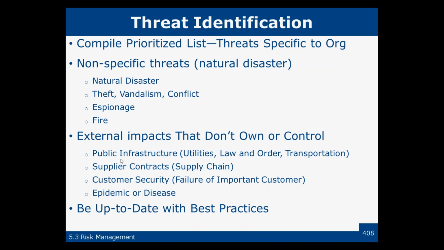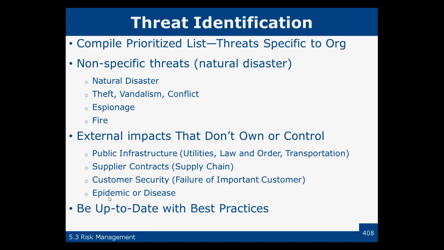They come in and say, hey, we're going to turn the water off in 2 hours so that we can fix a break someplace, for instance, and they don't tell you how long it's going to be off. You can't do anything about that, and you need water for your people. Supplier contracts, the supply chain, we may or may not be able to do anything about.